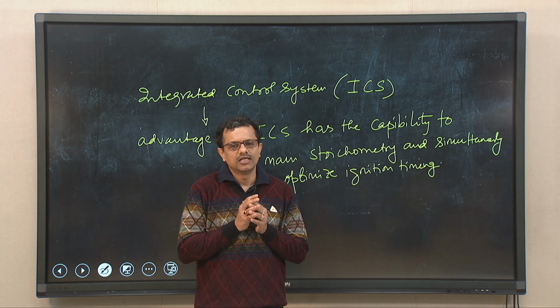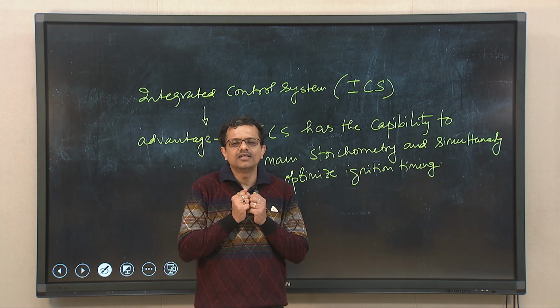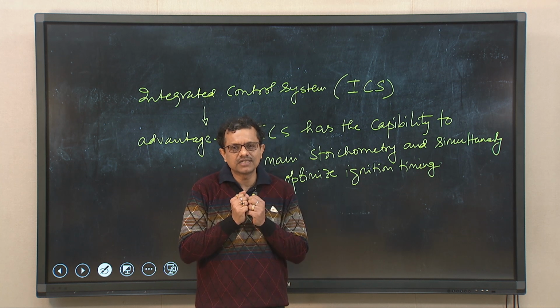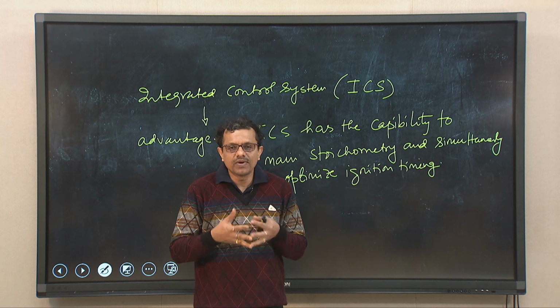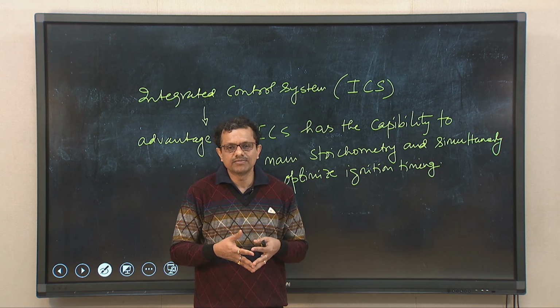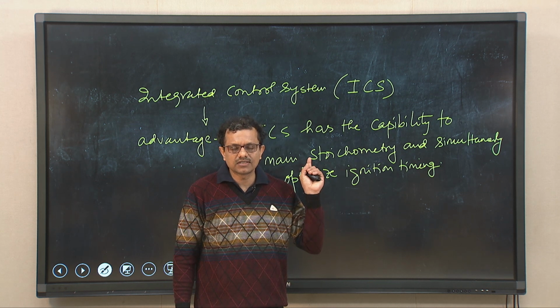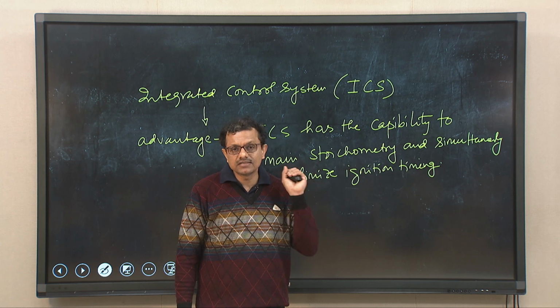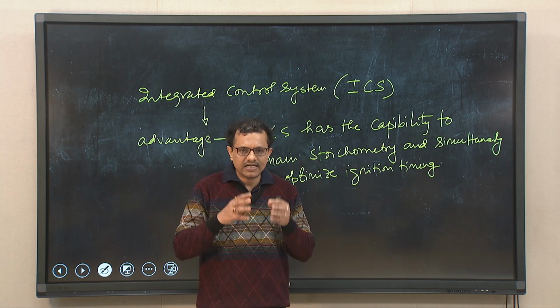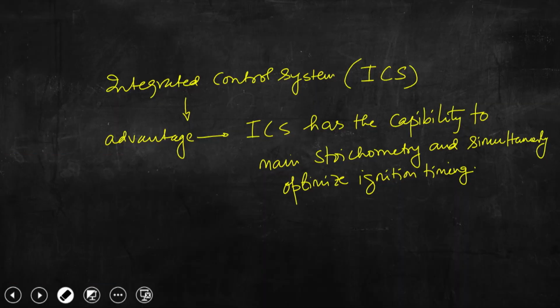important things. If we can have proper ignition and if we can have proper air fuel ratio to be drawn into the engine cylinder, then combustion can be efficient and also emission can be reduced. So, the integrated control system has the capability to maintain stoichiometry, that is closer to the stoichiometry.